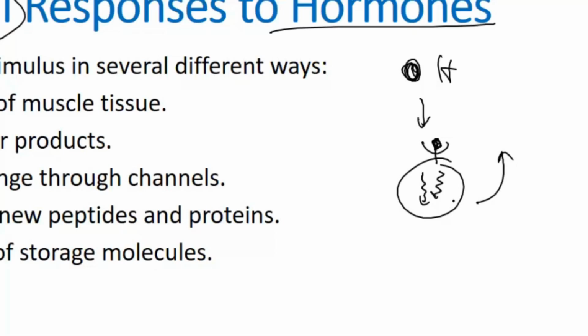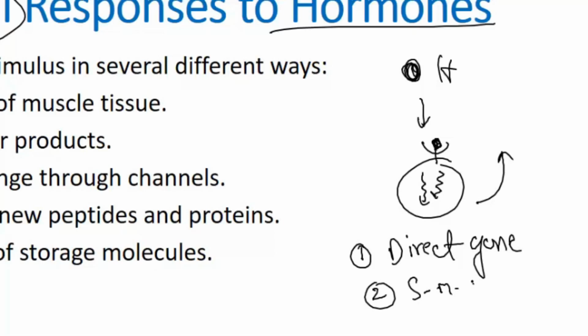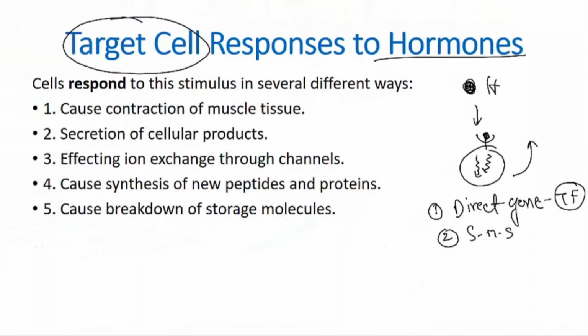Now this response is generated by two different processes. One is by direct gene activation, another one is by the second messenger system. In direct gene activation, the hormone directly enters the nucleus and binds with the transcription factors, which help transcribe specific genes inside the cell.